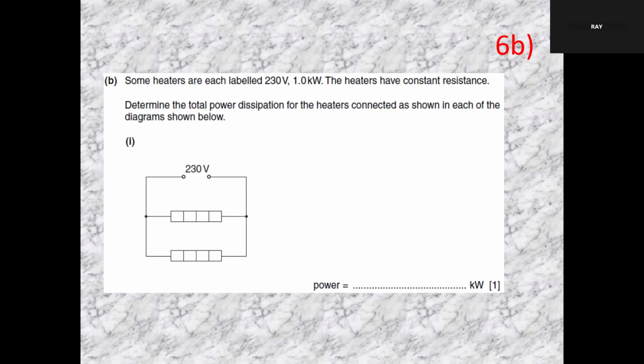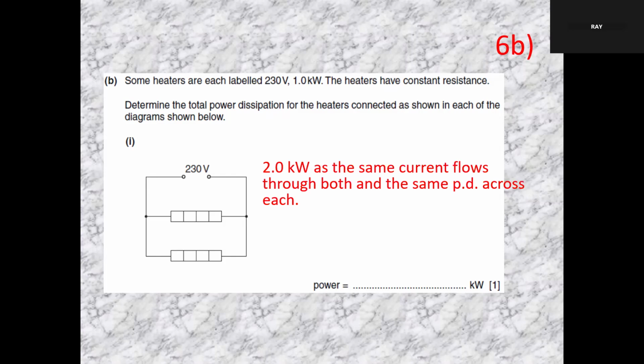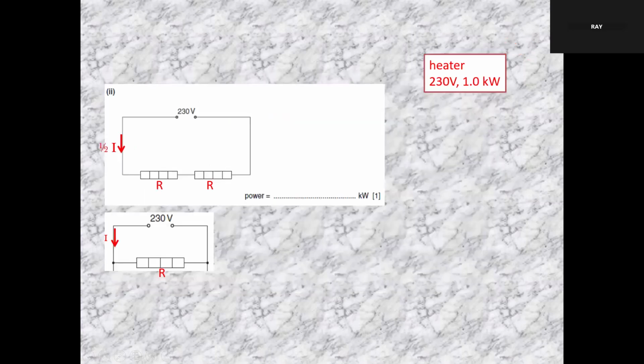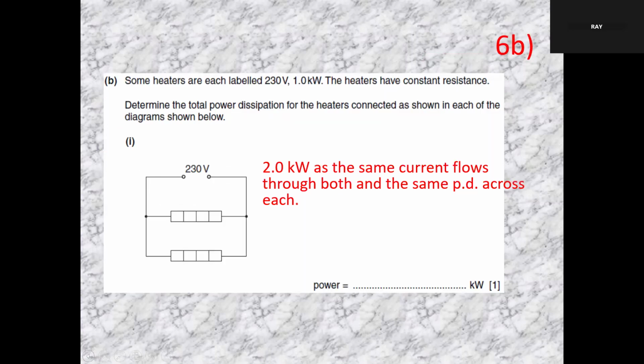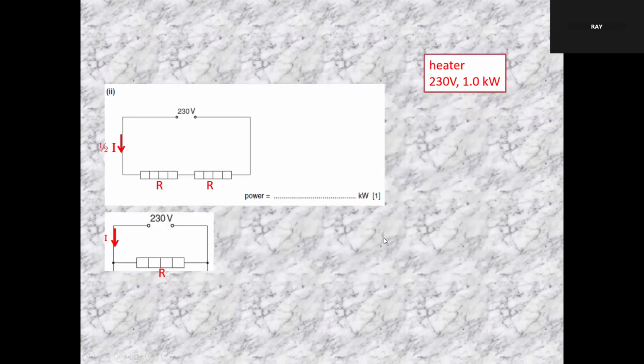Same voltage across each of them, so same power dissipated. So you add the two together. Right? You are told that the heaters have constant resistance. Okay, how about this one? All dissipated.